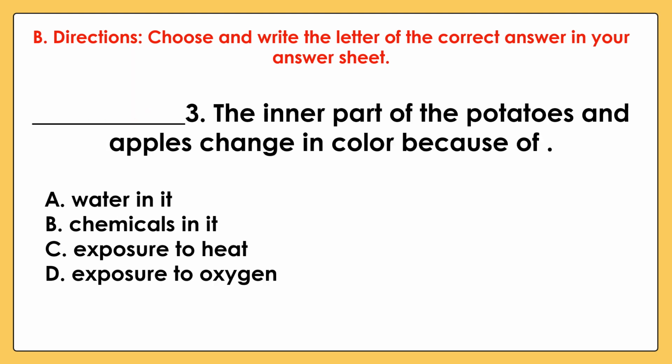The inner part of the potatoes and apples change in color because of A. Water in it, B. Chemicals in it, C. Exposure to heat, or D. Exposure to oxygen. The correct answer is letter D. Exposure to oxygen.